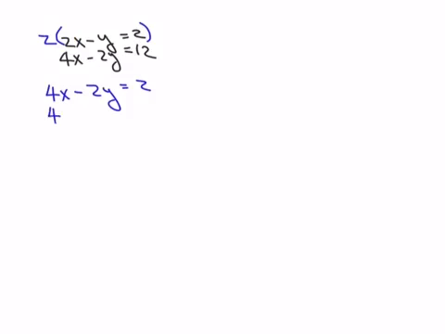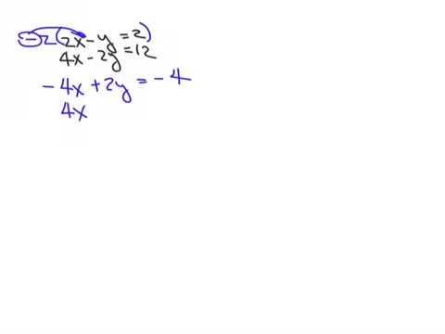And then we have on the bottom, okay, do I want that? What happens when I add those two? I get -4. So that doesn't work, does it? So we're not going to multiply it by a +2. We're going to multiply it by a -2. And then we get -4x plus 2y, because a negative times a negative is a positive, equals -4. And then the bottom number we didn't do anything to.